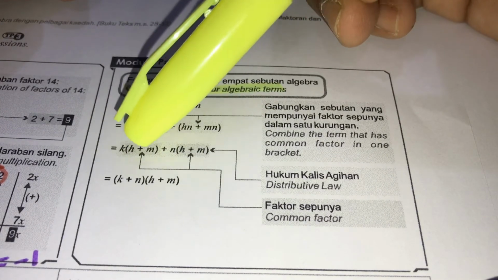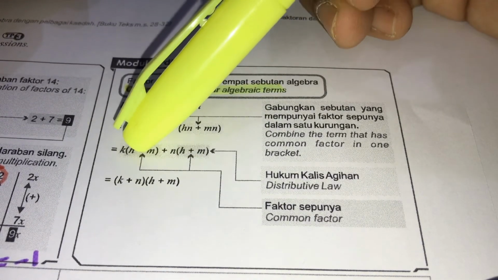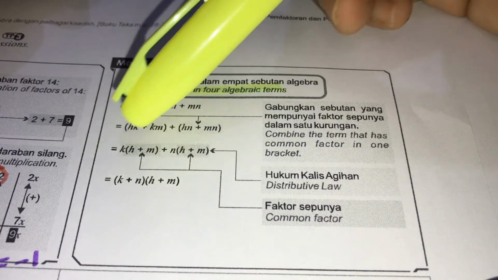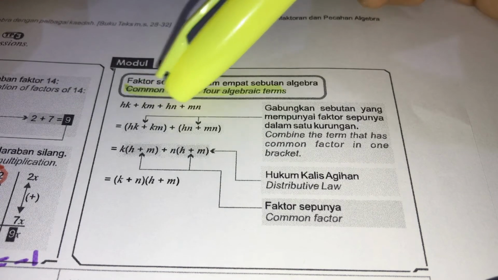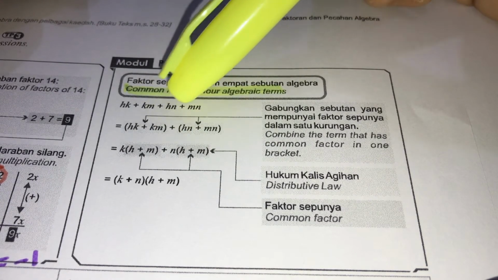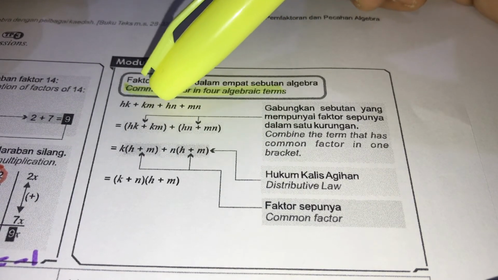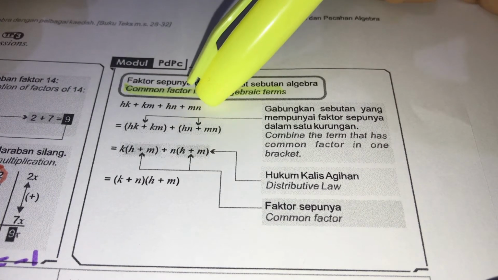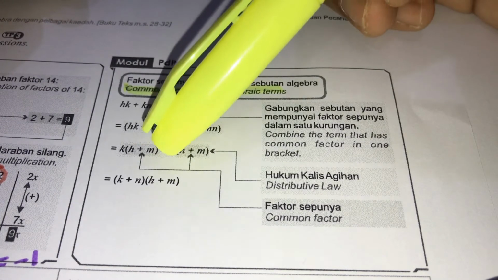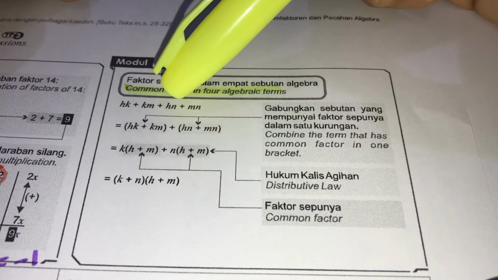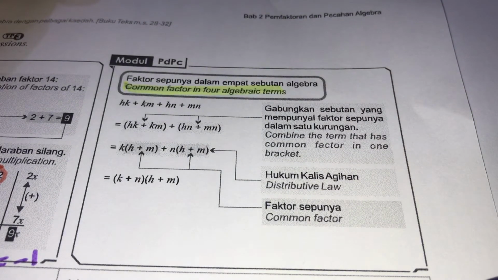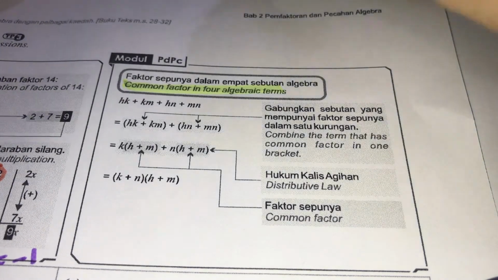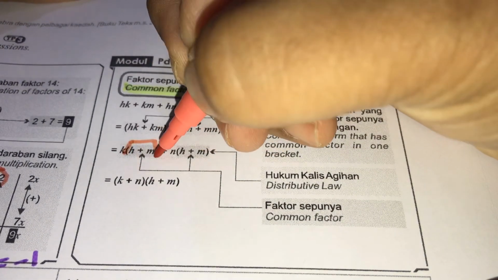So when you multiply, K times H, you get HK. K times M, you get KM. And then you identify the common variable or common factor here. Here HN, here MN. So the common factor is N. So you write N outside, and then you just copy back H plus M. Make sure after you write like this, this one must equal this one.